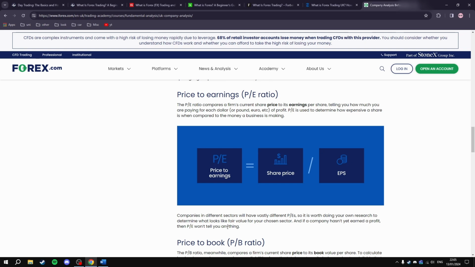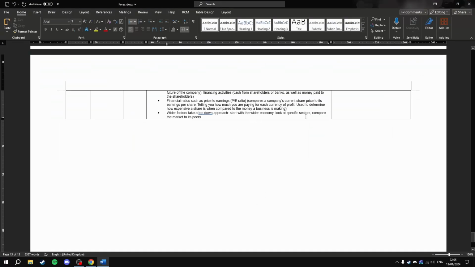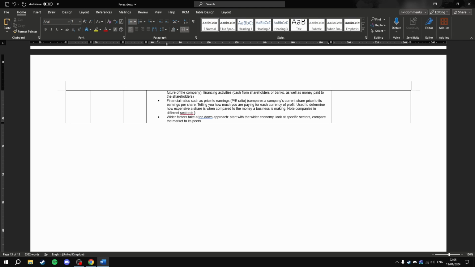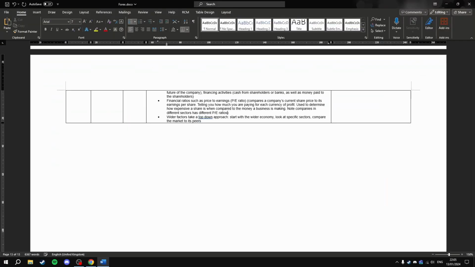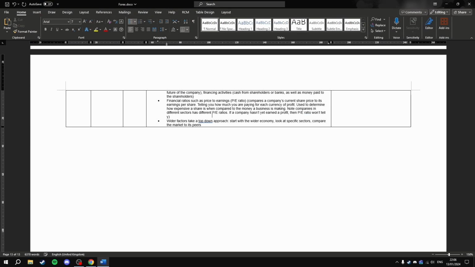If a company hasn't yet earned a profit, then the PE ratio won't tell you anything.